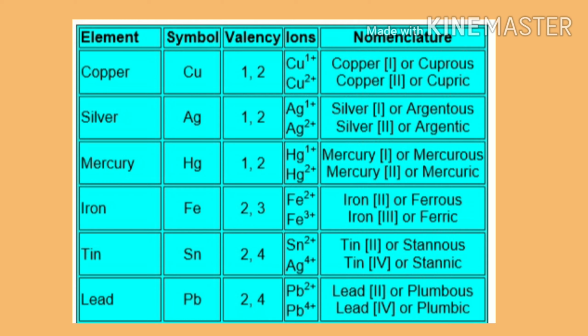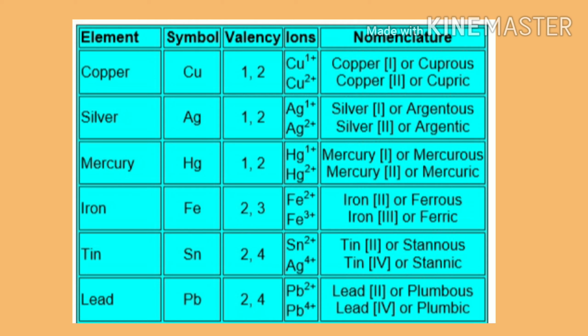So for copper, that is cuprous and cupric, 1+ and 2+. Like that silver. Silver also has the valency 1+ and 2+, with the lower valency ending in OUS, that is argentous, and the higher valency ending in IC, that is argentic.